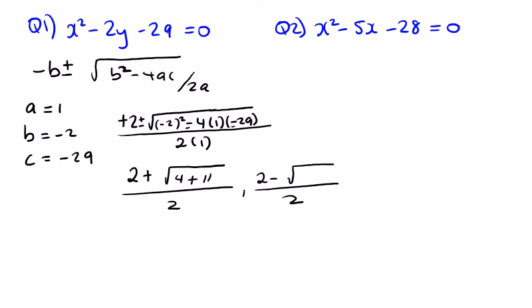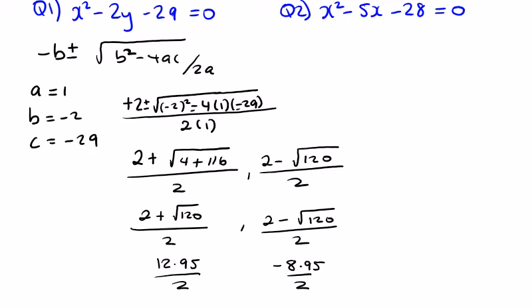So 116. And you can see then in the second bracket, you can straight away write 120. So 2 plus root 120 on your calculator, then divide your answer by 2, and 2 minus the square root of 120 divided by 2.